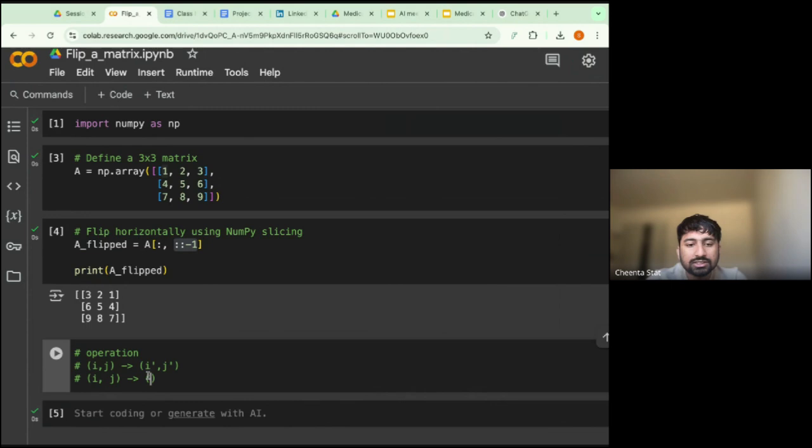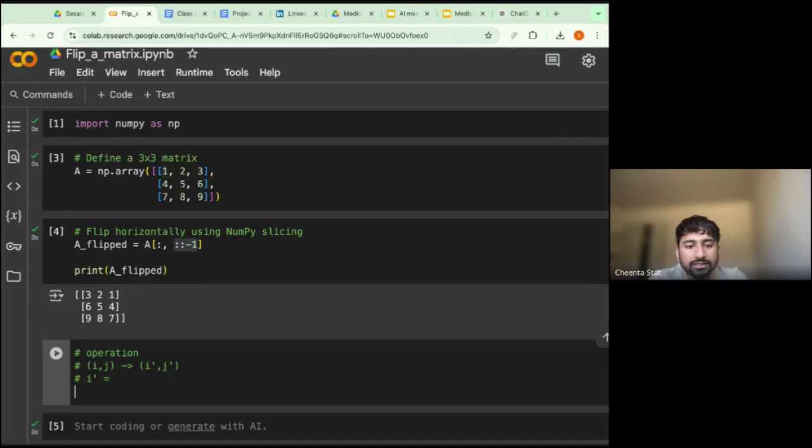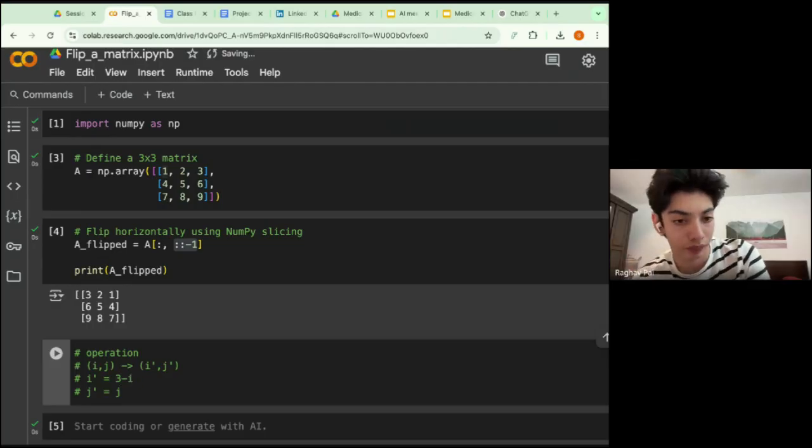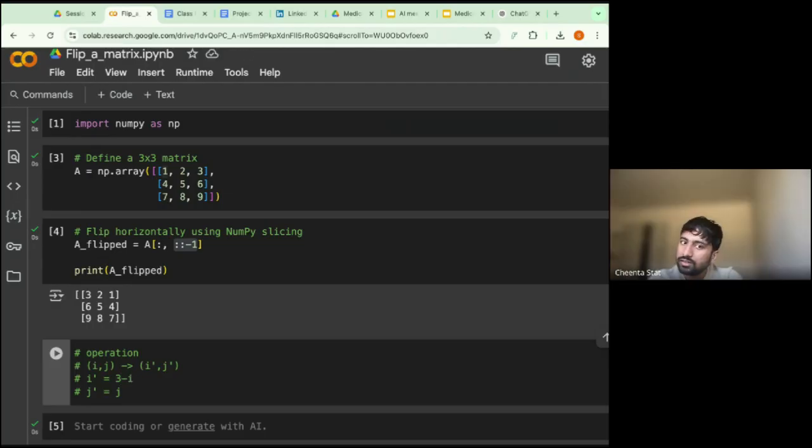Very good. So it's changing the i dash. Therefore, i dash is equal to something and j dash is equal to j, right? But what is i dash? I dash is nothing but 3 minus i, right? Is it right?